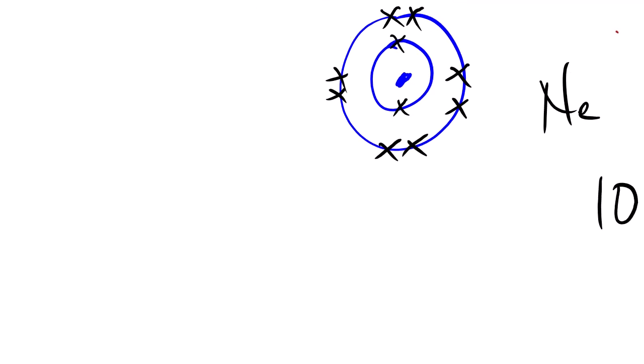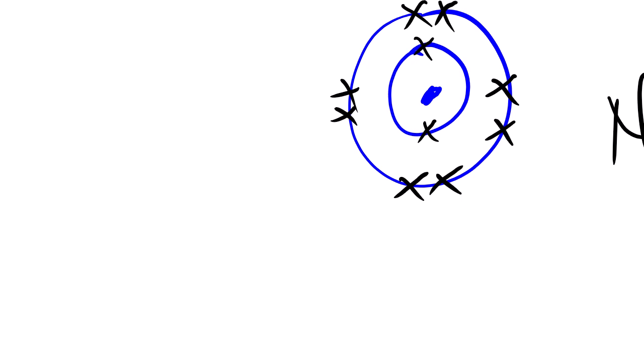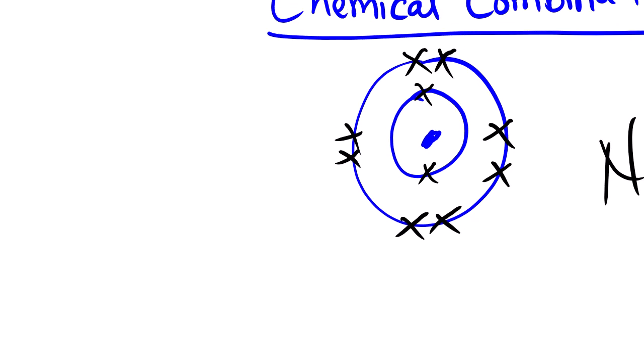So now let's talk about chemical combination. Chemical combination happens when there is a change in the number of electrons. As we said earlier, let's take hydrogen as an example. This is hydrogen. This hydrogen is not stable. Why? Because this hydrogen will always try to attain duplet electronic configuration. What is duplet electronic configuration?